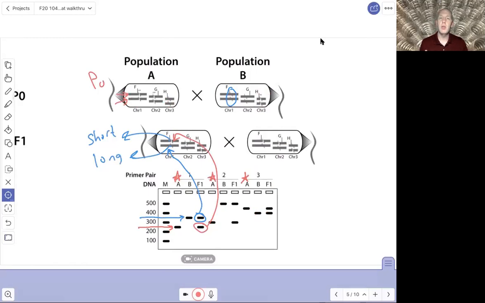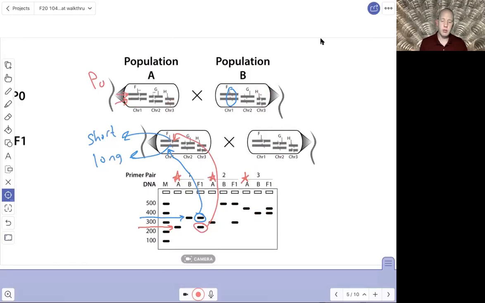So that's how we use PCR genotyping and gel electrophoresis to identify the individual genotypes of, in this case, the parents and their kids. And what we're going to be most interested in, if we're looking for genetic incompatibilities, is looking at the F2 generation and beyond.